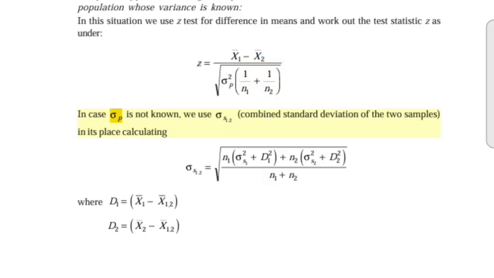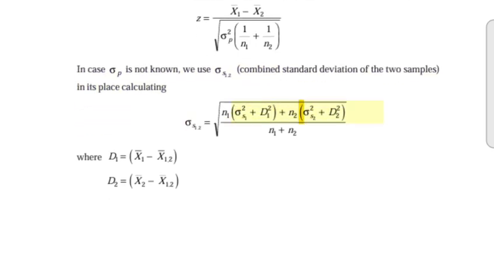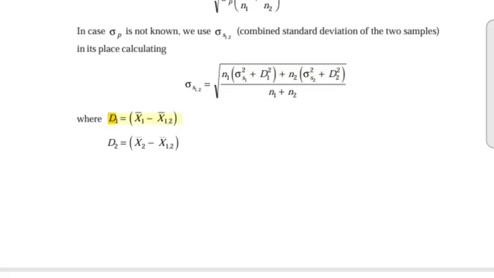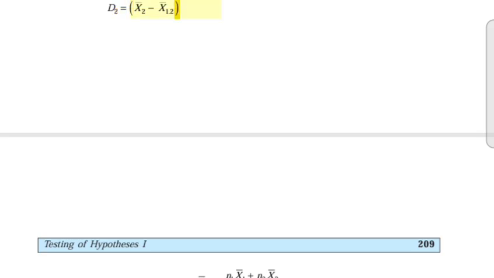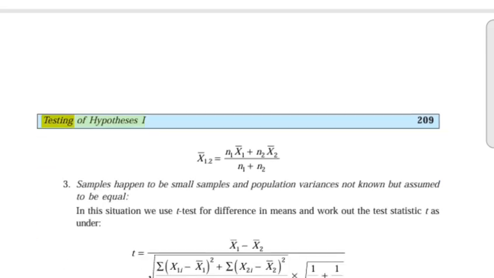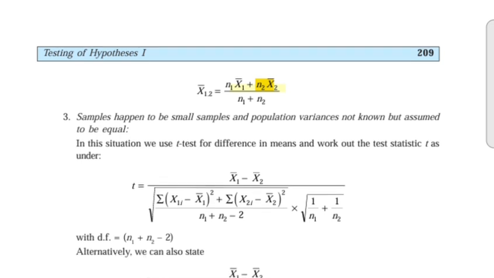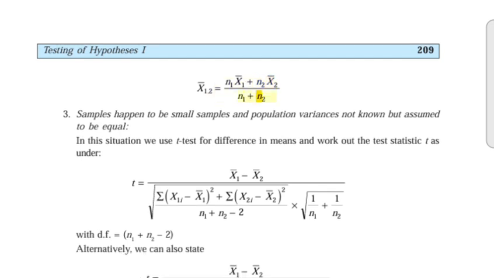In case σp is not known, we use σs, the combined standard deviation of the two samples, in its place, calculating it from the sample data.